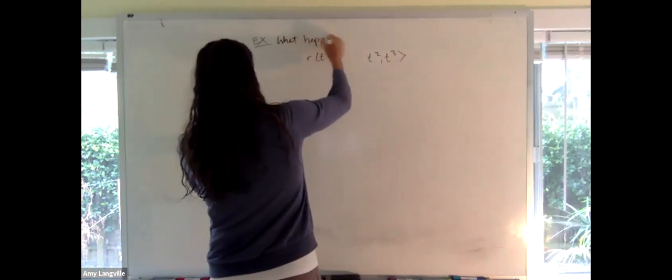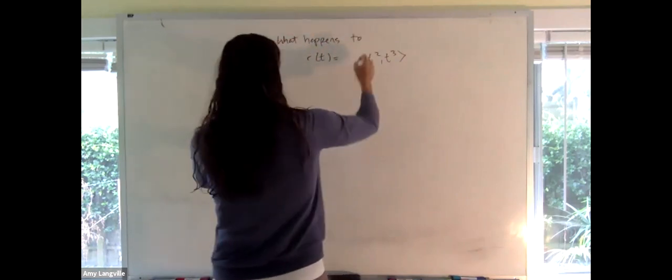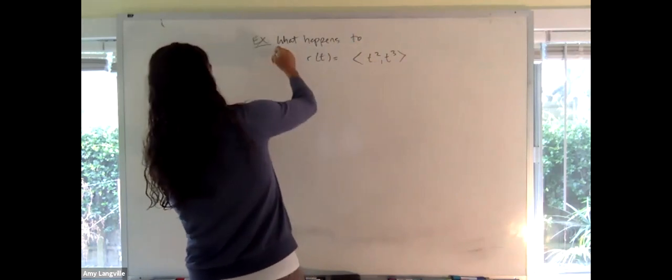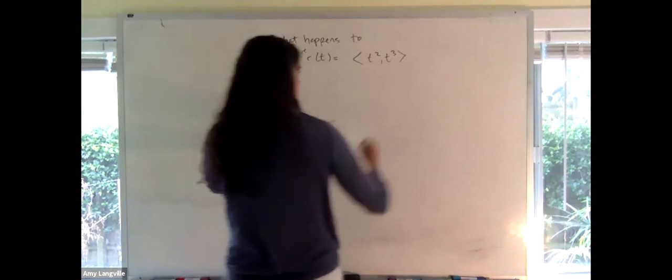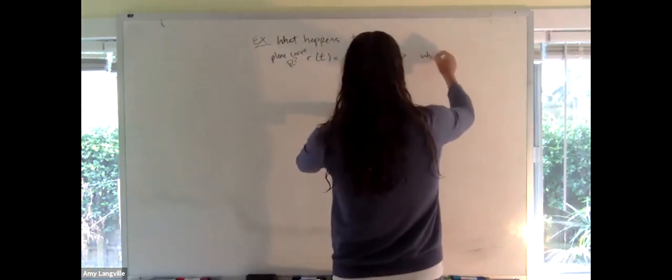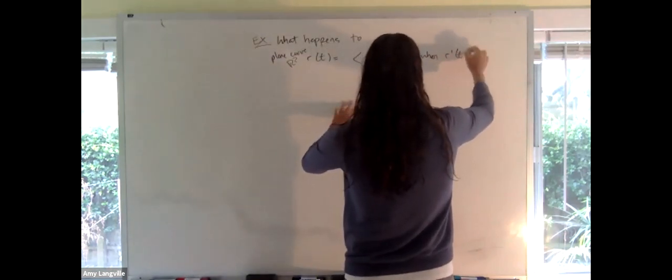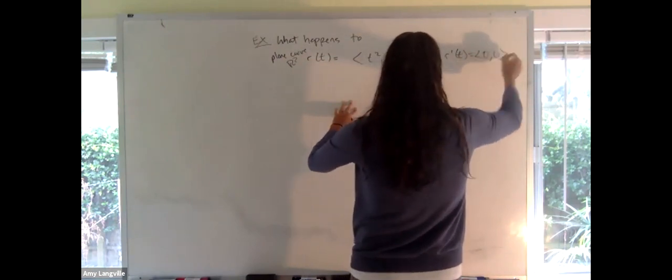And what we want to know now is what happens to r of t, which is just this plane curve. Let's make it simpler for us right now. It's the R2 vector function when r prime of t equals (0, 0).